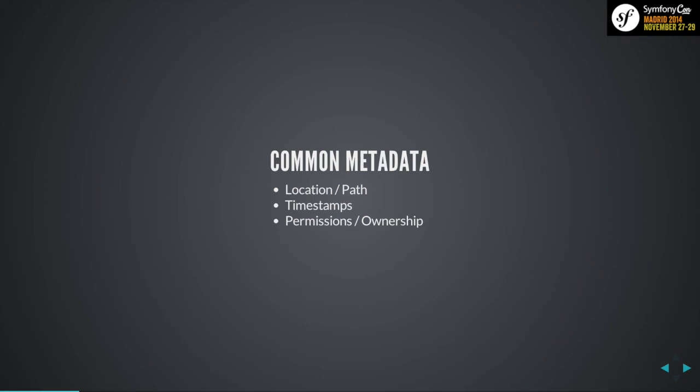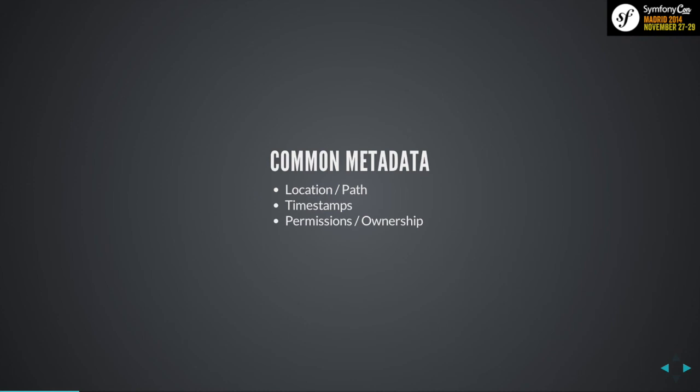Then we've got file timestamps like modified time or access time. They tell you certain things about the files, like when it was created and when it was last updated. These are things that we like to know and anticipate. Then you've got permissions and ownership: if I have a file somewhere, who can use it?